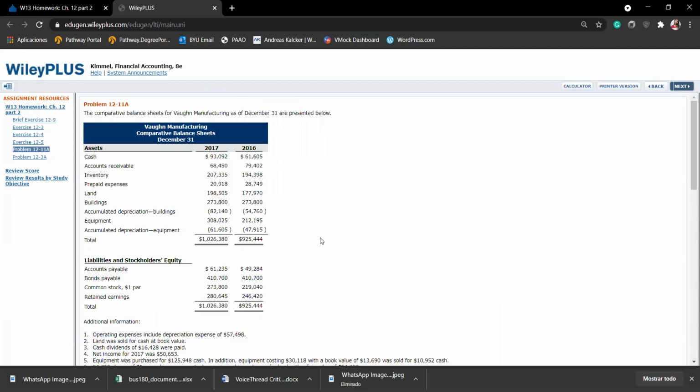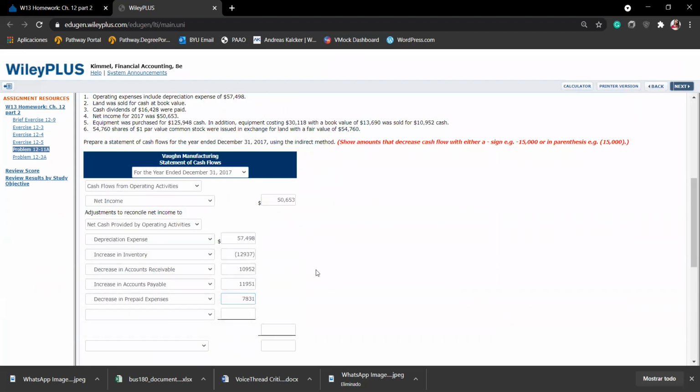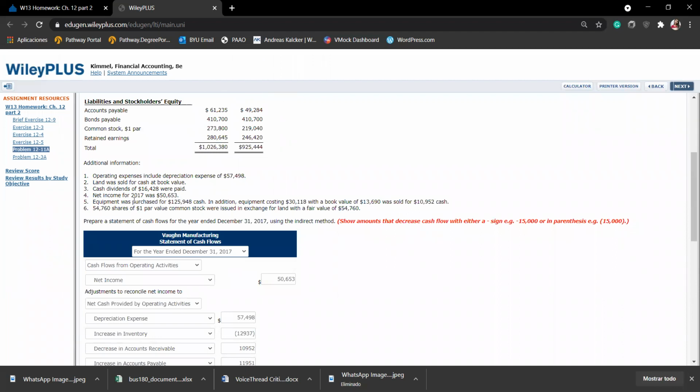And then this point we are going to do with additional information, here in point number 5. It says that equipment costing this amount with a book value of 13,690 was sold for 10,952 cash.